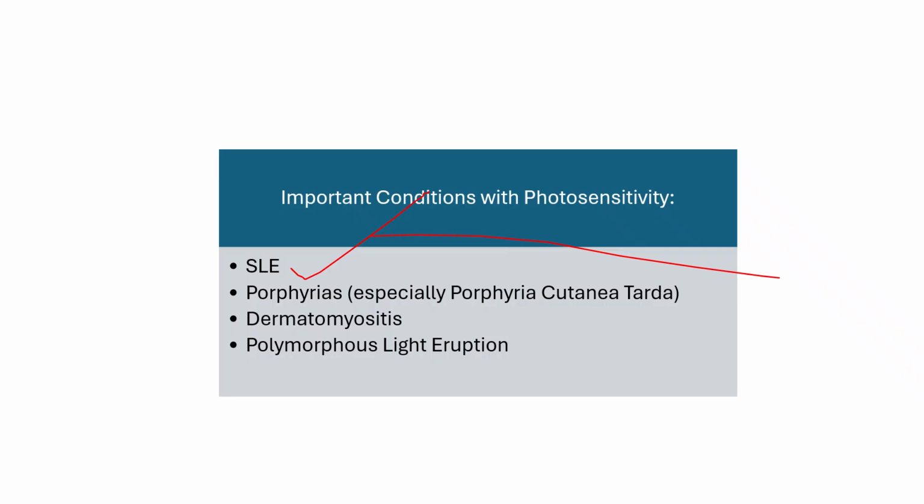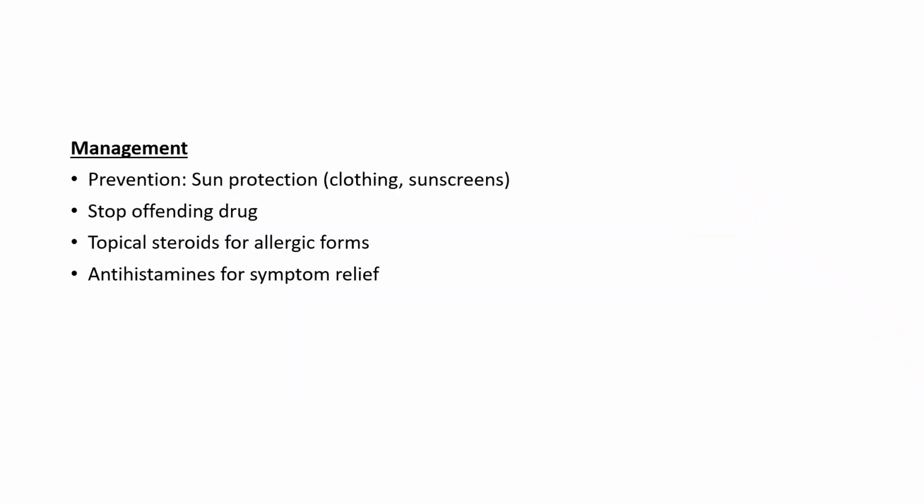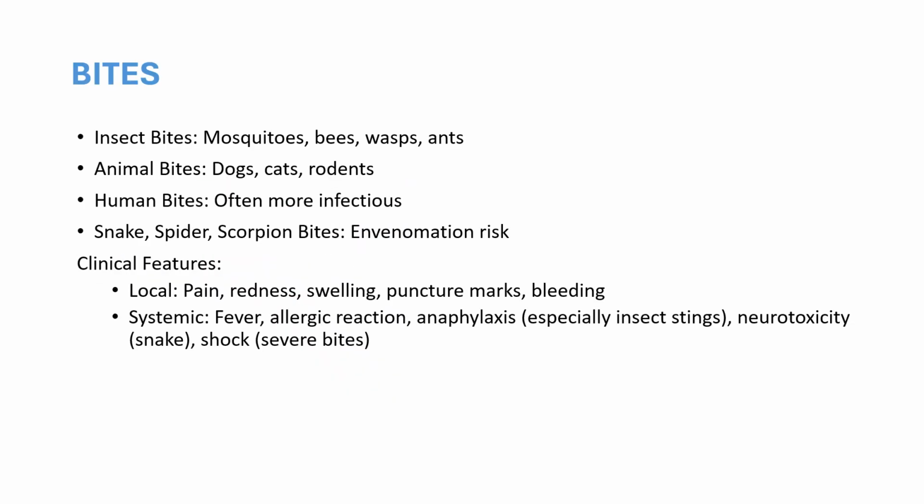Polymorphous light eruptions, all this can have photosensitivity. How do you prevent and how do you manage? You can use sun protection by clothing, sunscreen, stop the offending drug like amiodarone, doxycycline we have mentioned, topical steroids for the allergic forms of the condition, and antihistamines for the symptom relief. Okay, so that was photosensitivity.